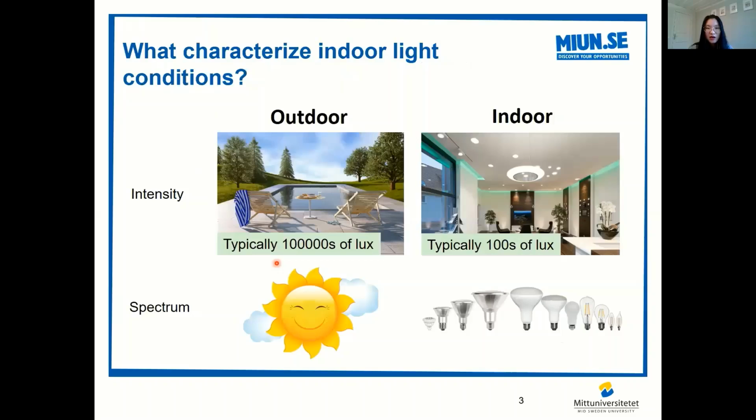The intensity of an outdoor condition is typically hundreds of thousands of lux, but for indoor condition, it's typically hundreds of lux. And the spectrum of an outdoor condition is the spectrum of sunlight. But for indoor conditions, if the artificial light changes, the spectrum will also change.